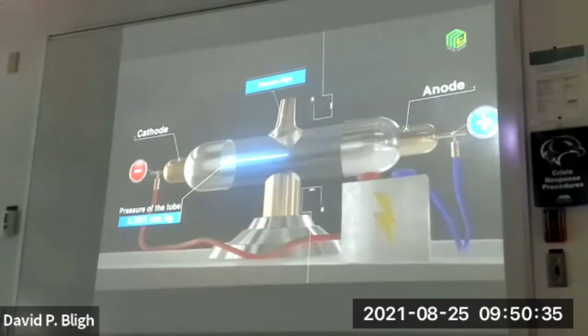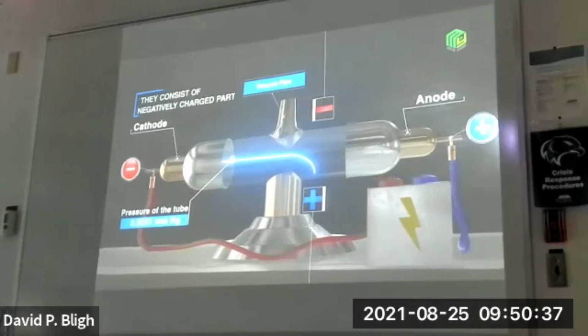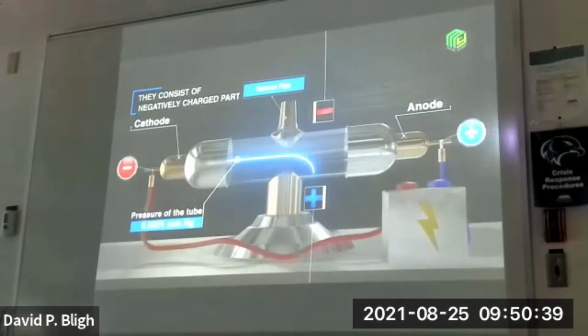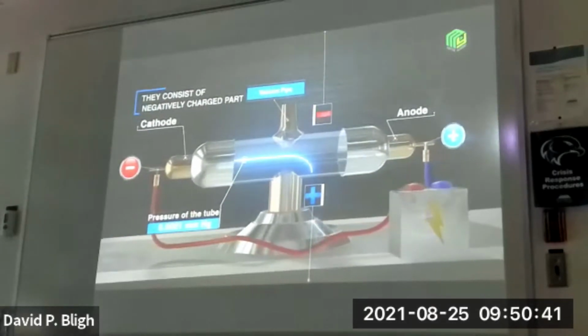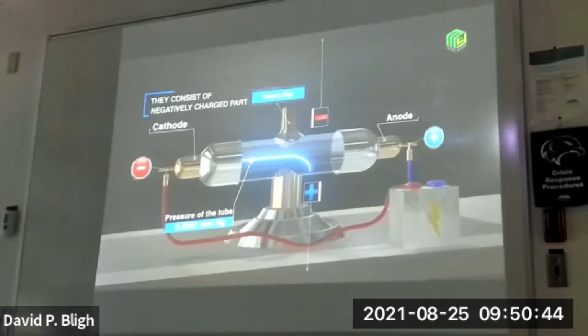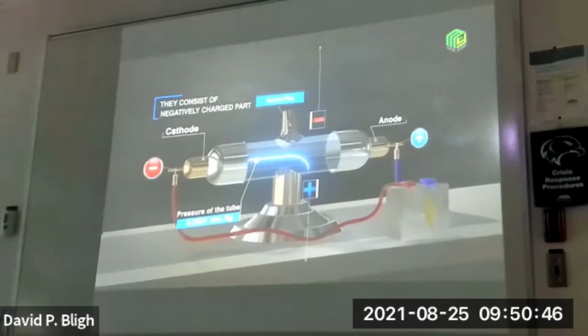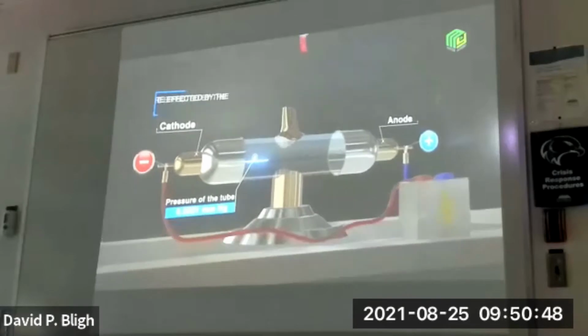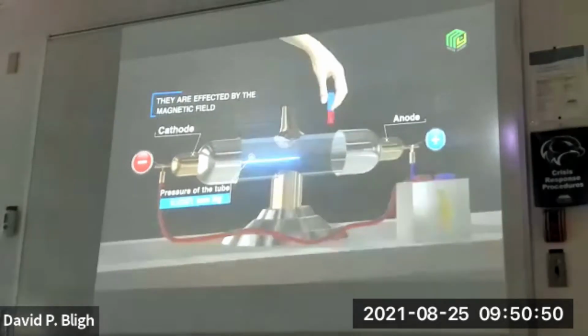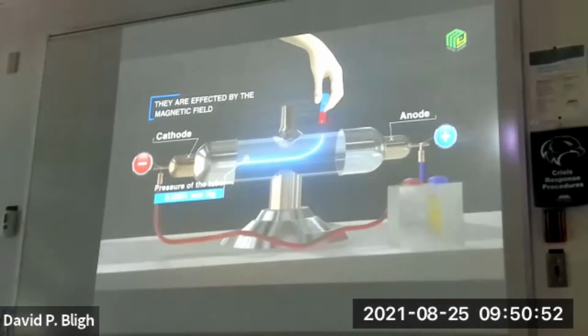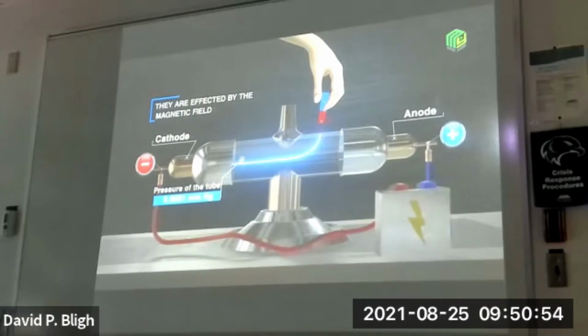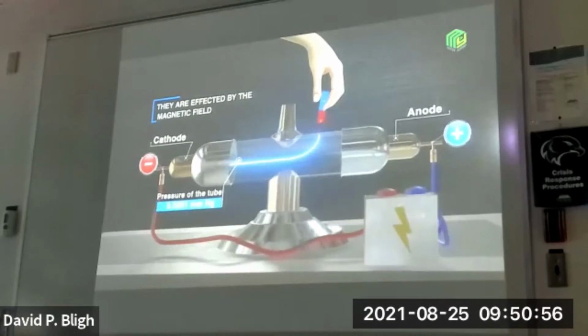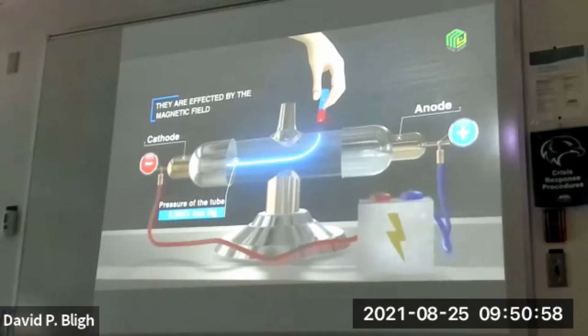In the presence of an electric field, the rays are deflected towards the positive plate. This confirms that cathode rays consist of negatively charged particles. 4. In the presence of a magnetic field, the rays are deflected. This shows that the cathode rays are affected by the magnetic field.